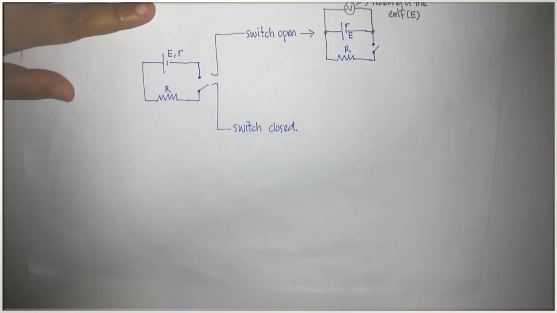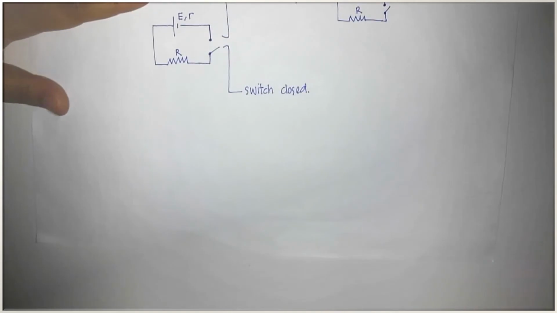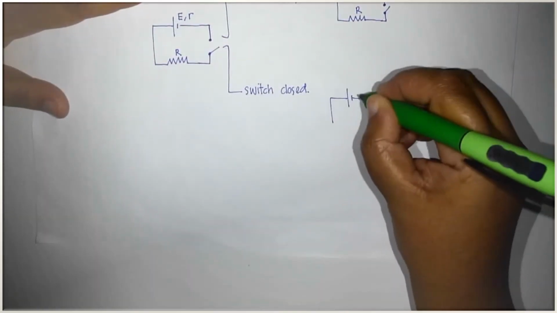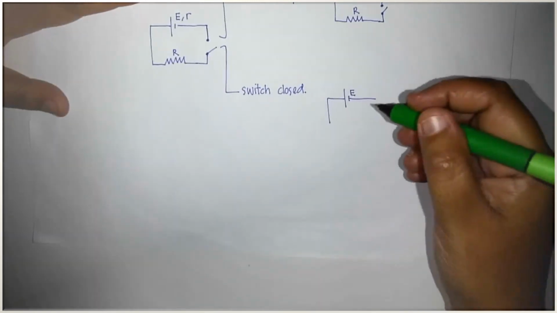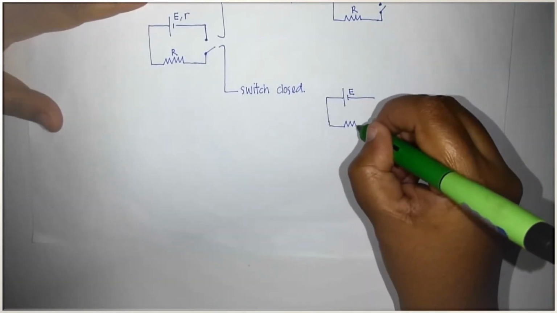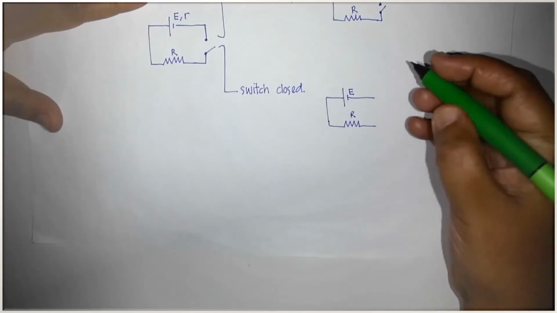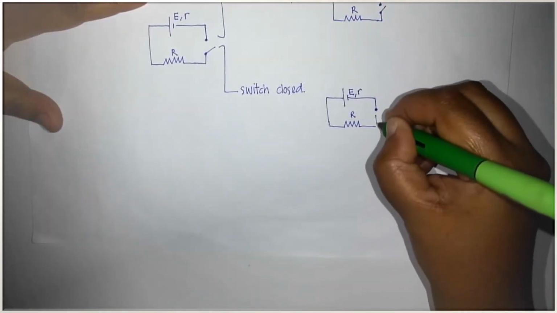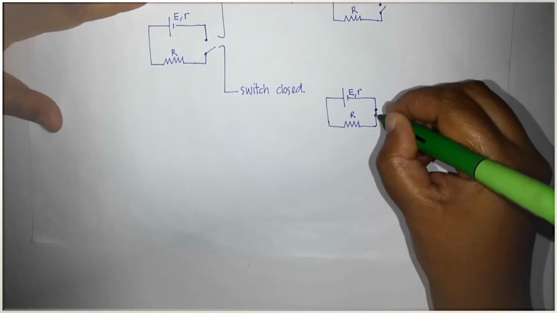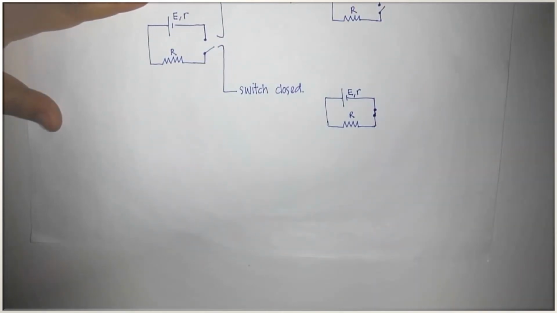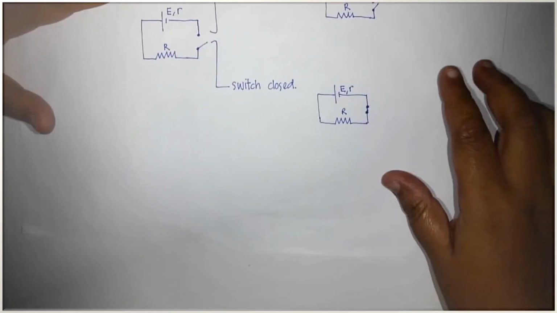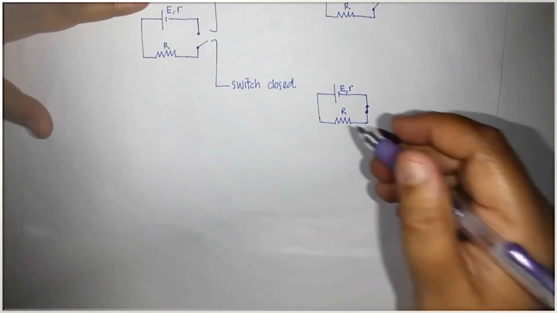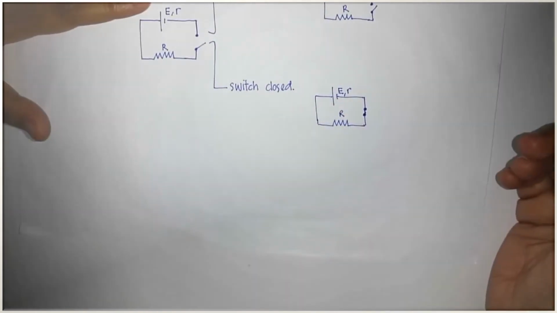So under switch closed, I have the same circuit, which is EMF E, external resistance capital R, and an internal resistance r, but the switch is closed. Before I go to what the voltmeter will read, I just want to flash back and study this circuit.